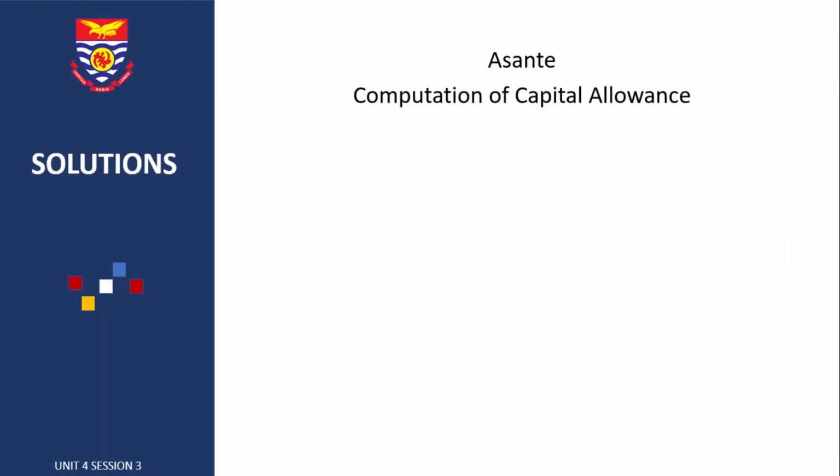We have Asante and then computation of capital allowance for the relevant years of assessment. So we have our basis period and year of assessment. So we start with 2019 year of assessment, and the basis period we have 1st January 2019 to 31st December 2019. In this question, we have 3 classes.